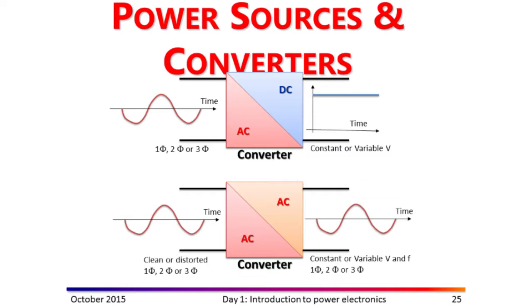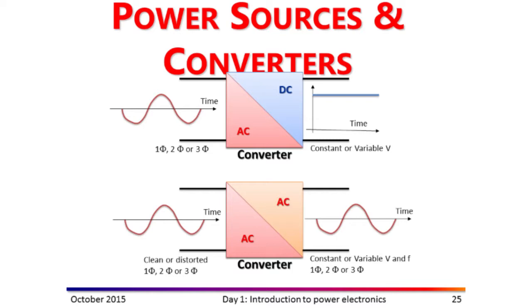For the rectifiers, if we have AC, either single phase, 2 phases, or 3 phases, you can convert it to DC with such circuits.